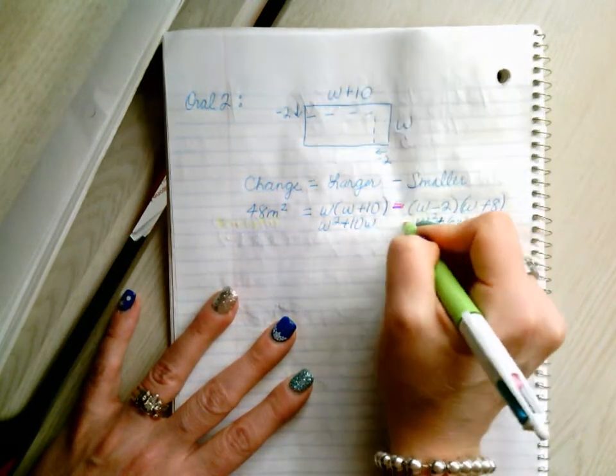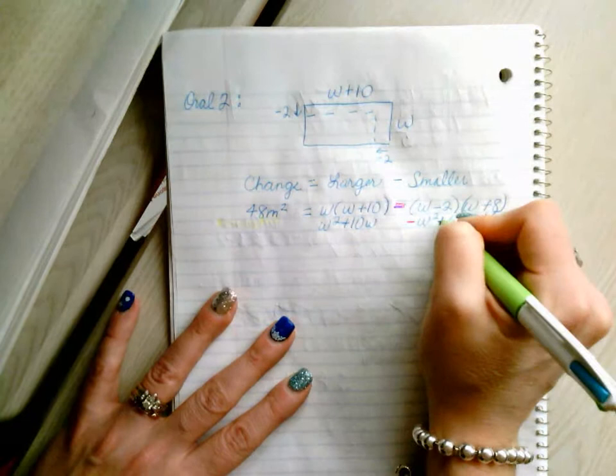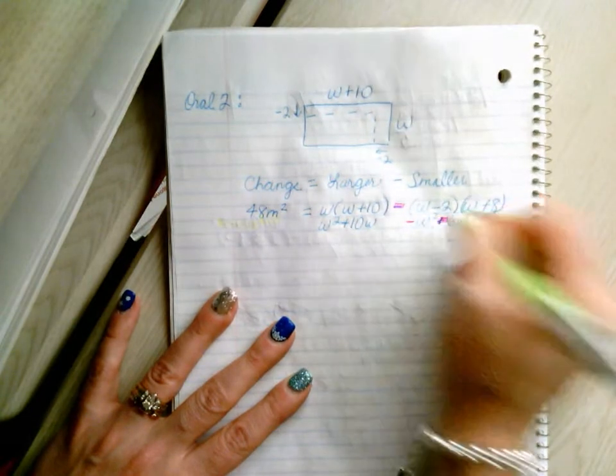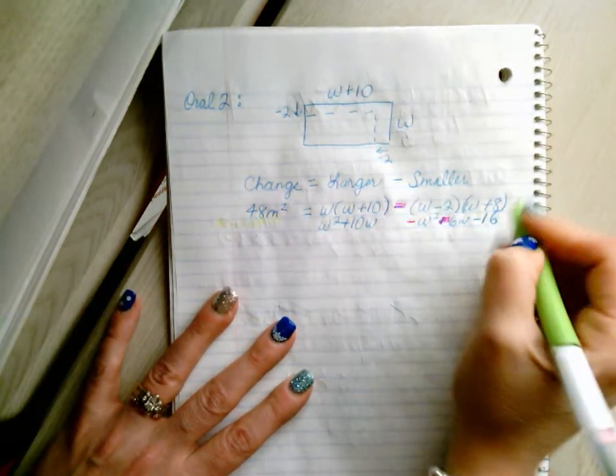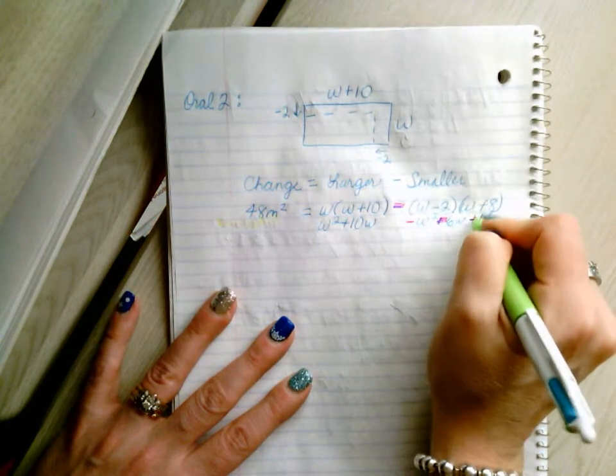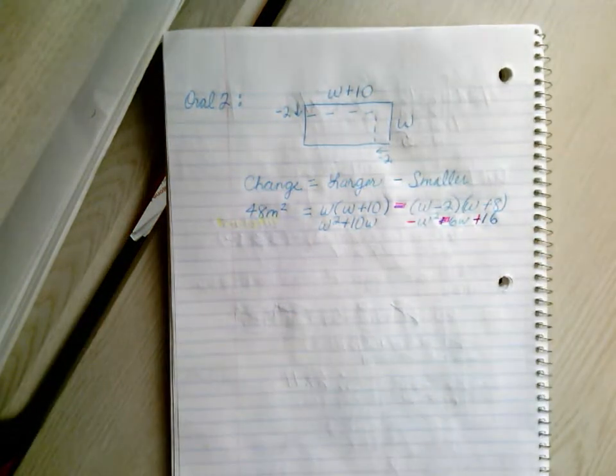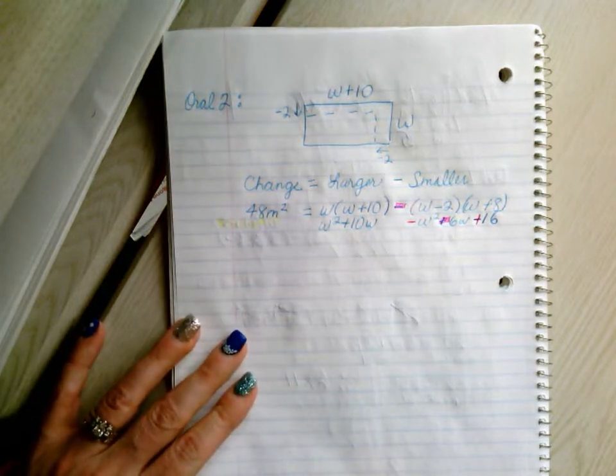We are removing W squared. We are removing 6W, and we are removing a negative. Removing a negative makes it positive. So everything you have here can now be worked out.